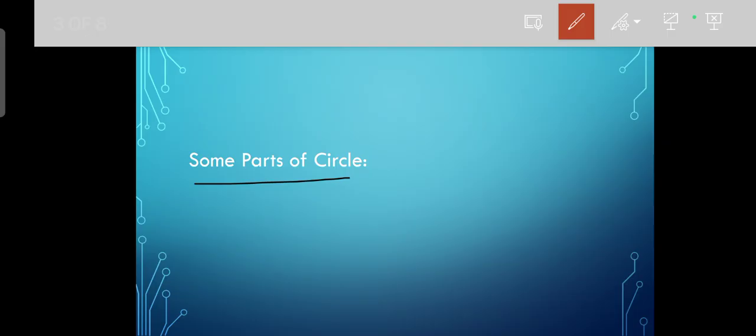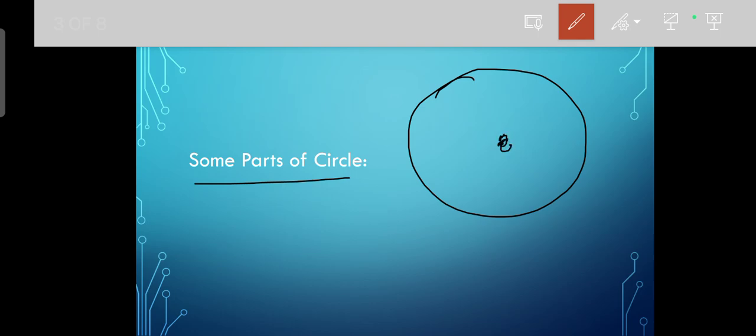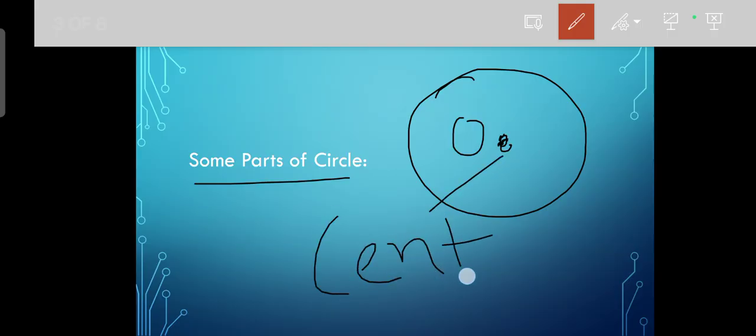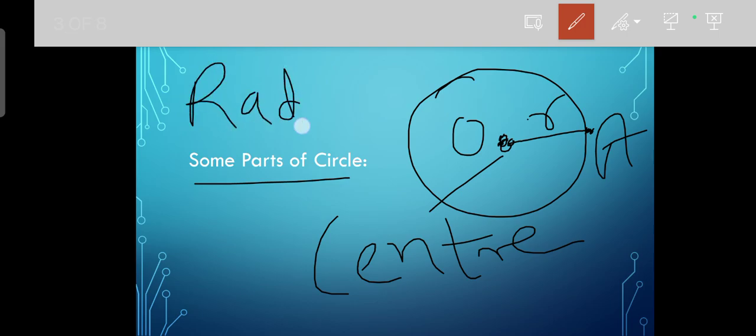First of all, this circular shape is known as the circle, and this fixed point is known as the center of the circle, denoted by O. From this center, the distance to the points which are on the circumference or boundary of the circle, suppose this point is A, the distance between these two points O and A is known as the radius, and this is denoted by small r.